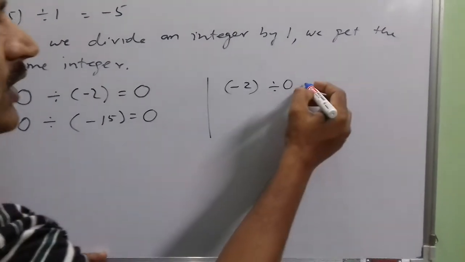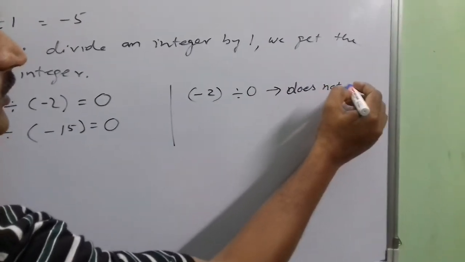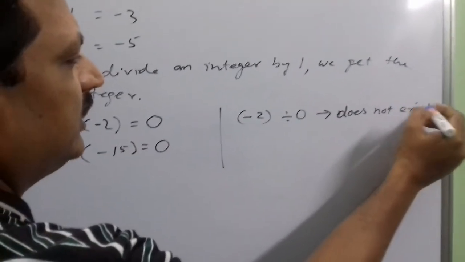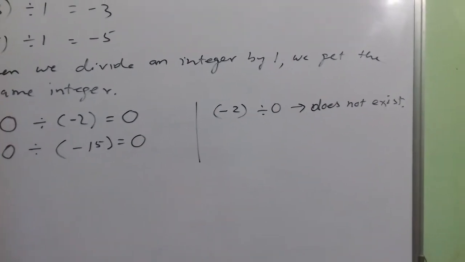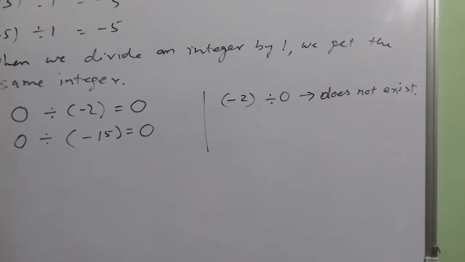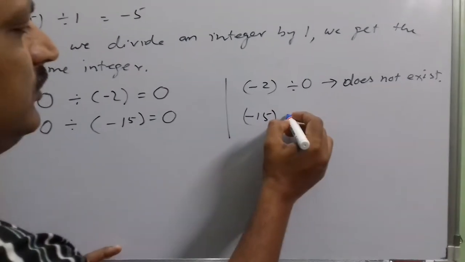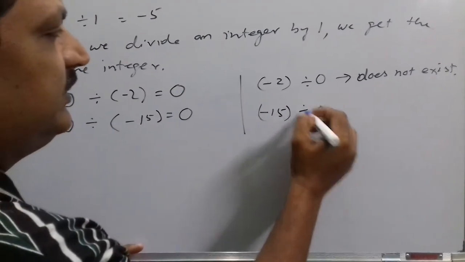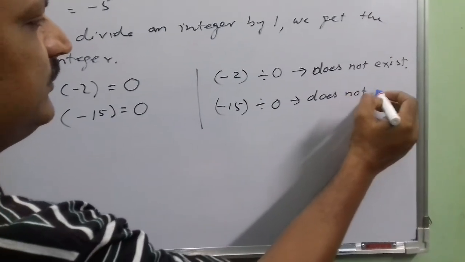Actually, it has no answer. It does not exist. Okay. That means we cannot divide minus 2 by 0. It has no meaning. Similarly, minus 15 divided by 0 also has no meaning. So it does not exist. Okay.